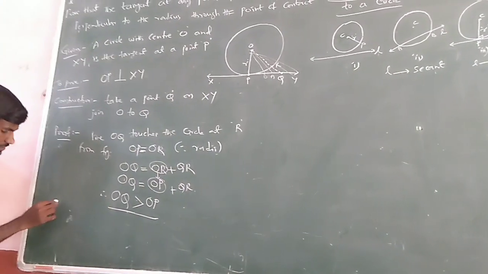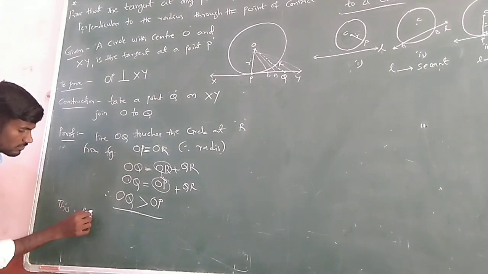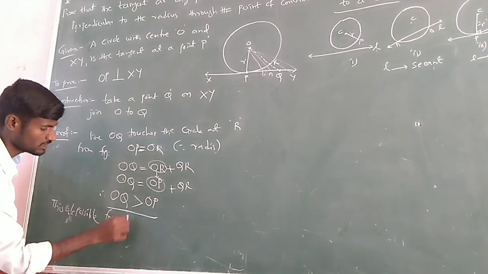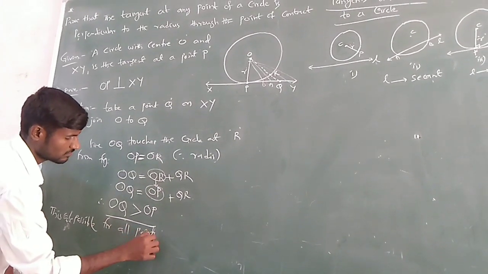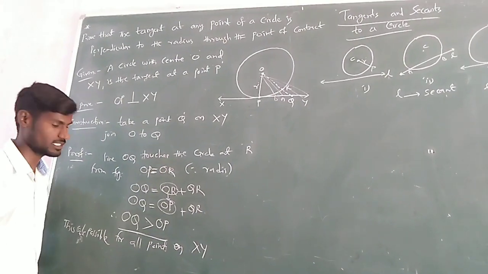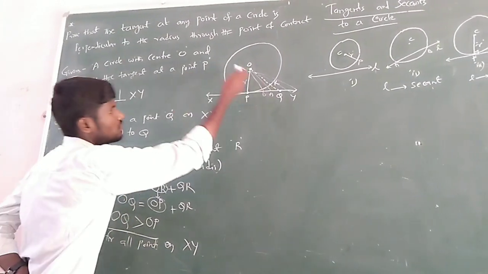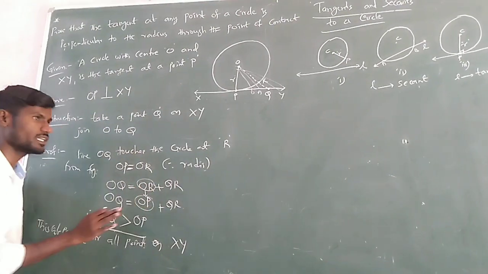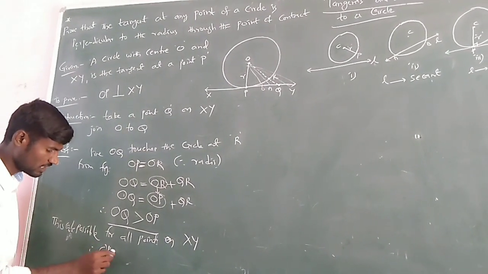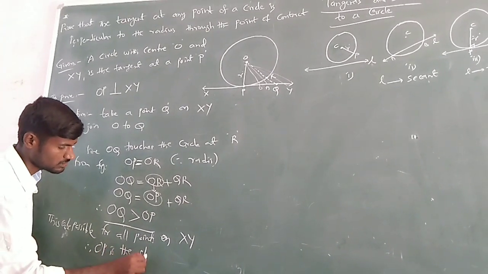So this is possible for all points on line XY, or tangent XY. All the distances are more than OP, therefore OP is the shortest distance among all.